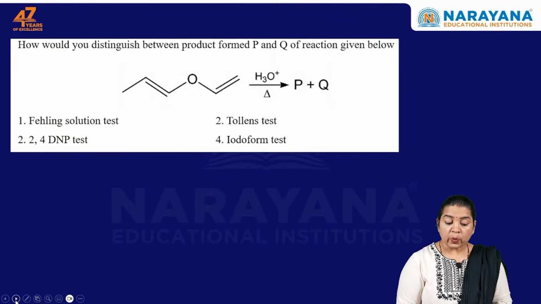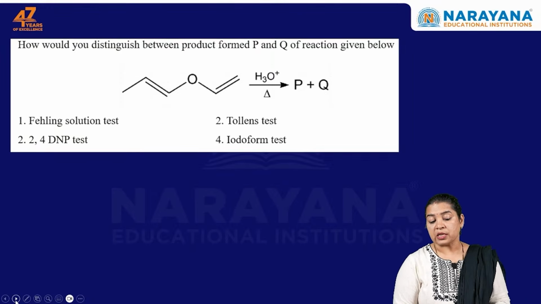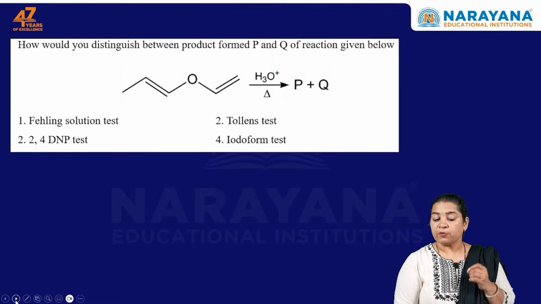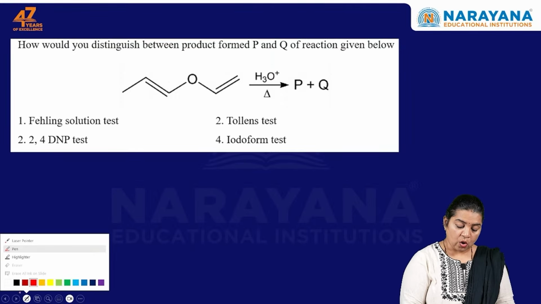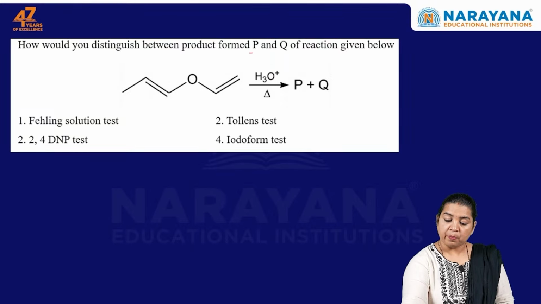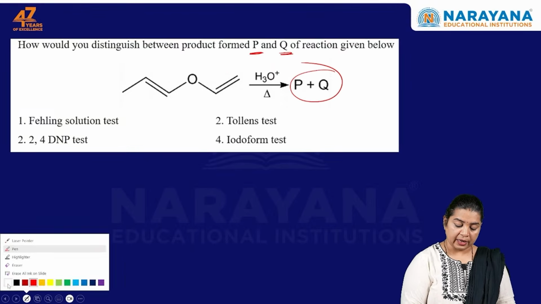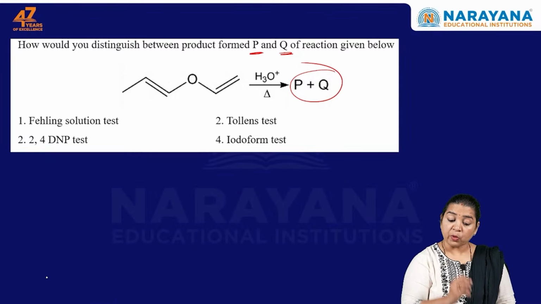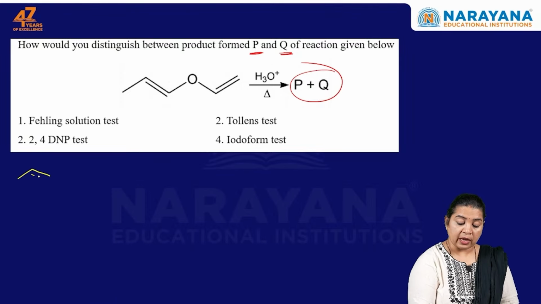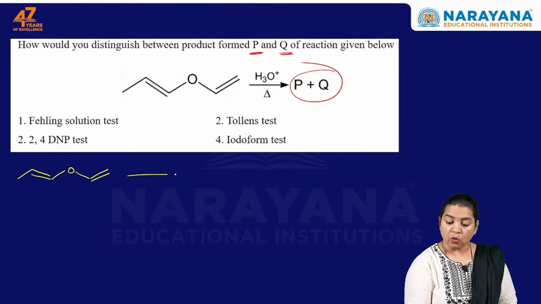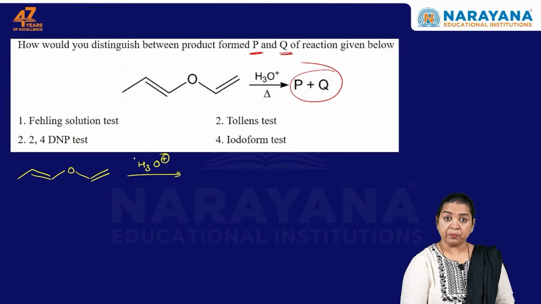This next question: how would you distinguish between products formed P and Q of the following? Here they are forming P and Q. Now, the point is, what are these hydrolysis products? Then only we will be able to know what test I can use to differentiate them, right.